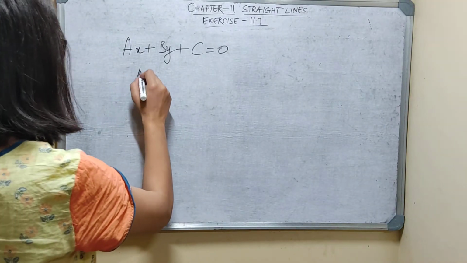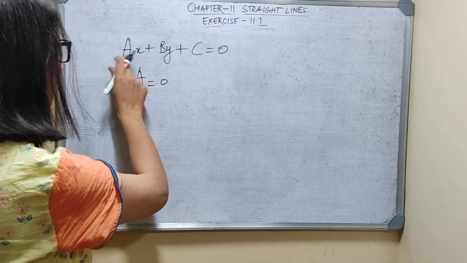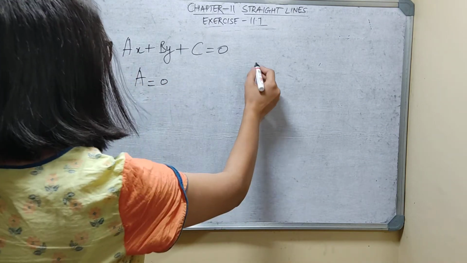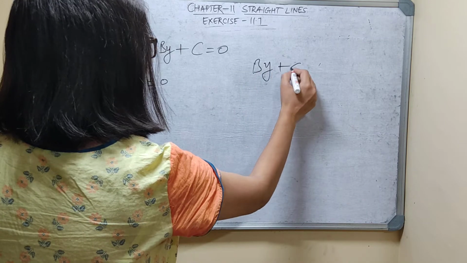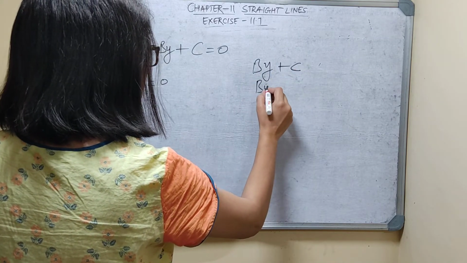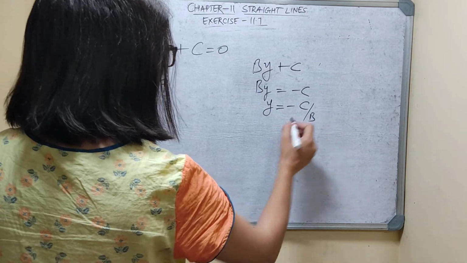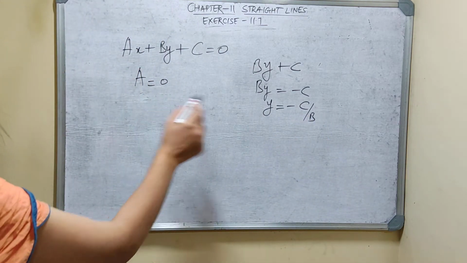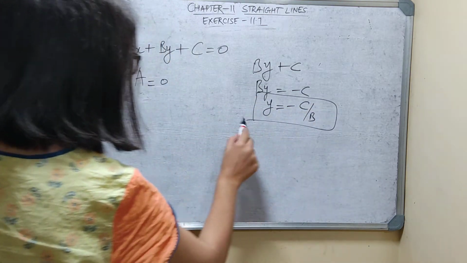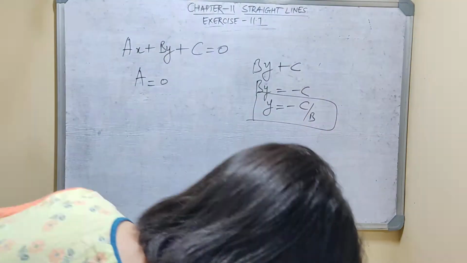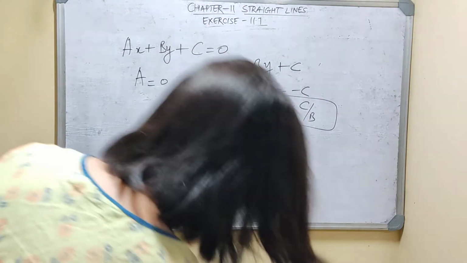If a is equal to 0, meaning the coefficient of x is 0, then the equation will be by plus c is equal to 0, so by is equal to minus c, so y is equal to minus c upon b. Obvious. So it will represent a horizontal line. Is it clear?